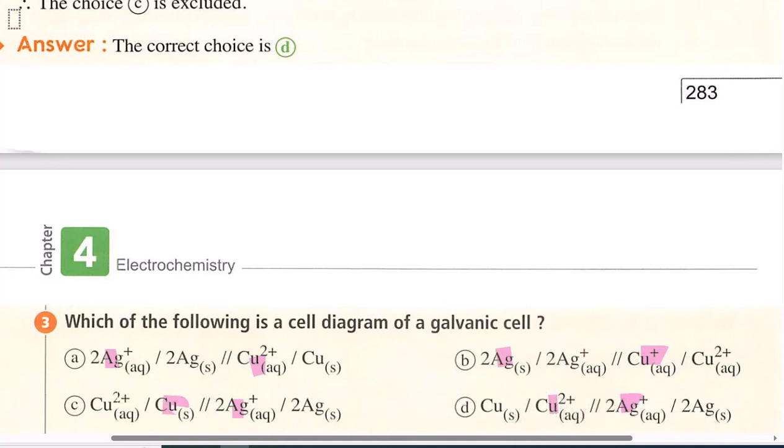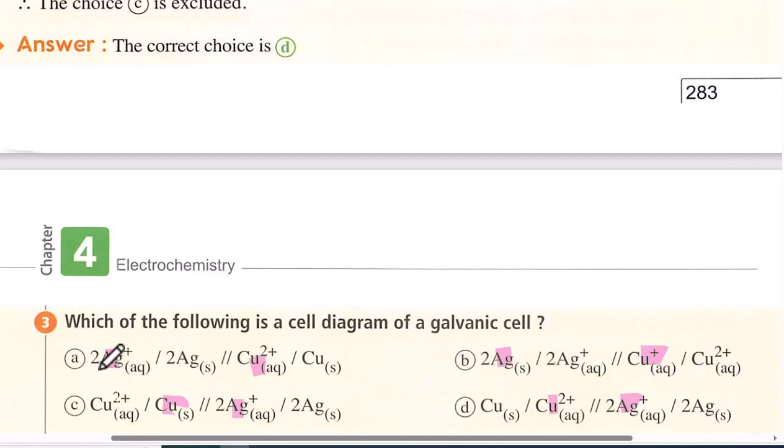Which is more active, silver or copper? You have to know this. Silver is less active than copper, or copper is more active than silver. So the more active is the anode. So copper must be written first in the diagram of the electrochemical cell.